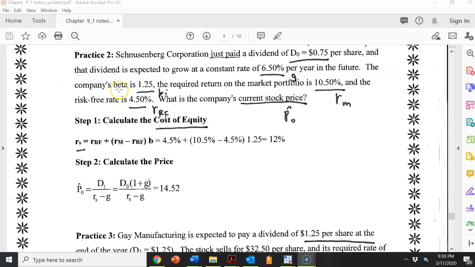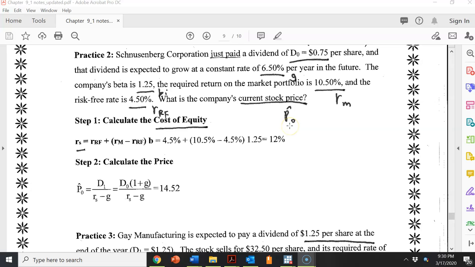The company's beta is 1.25. Required return on the market portfolio, RM, the market return, is 10.5%. Risk-free rate, RRF, is 4.5%. What is stock price?